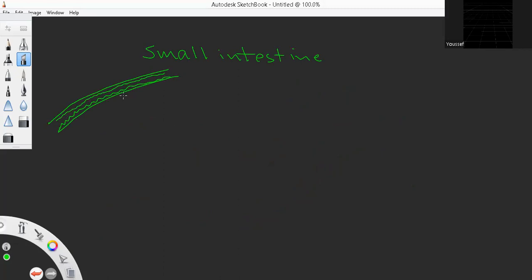If you magnify a small part, it just looks like that. And each part contains villi. You will magnify this part.